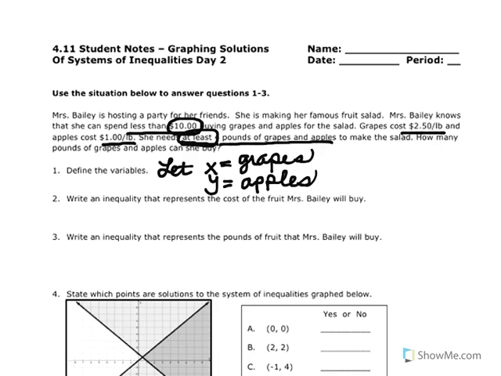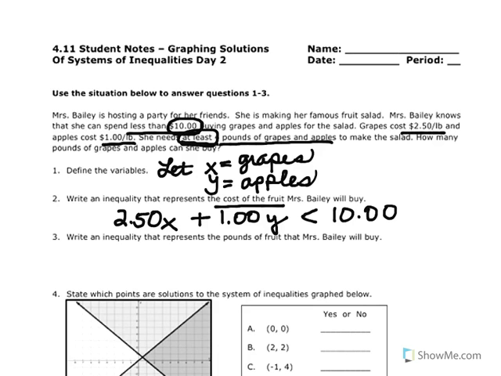So it says write an inequality that represents the cost of the fruit. So remember, we're going to have to look at the cost. So $2.50 times the grapes, which is x, plus $1 times y, which is the apples, needs to be less than $10.